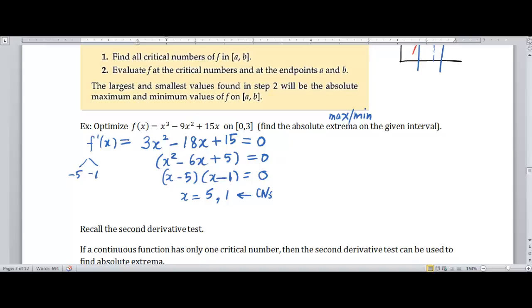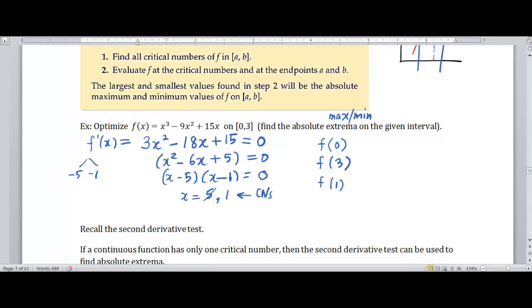So we did step 1, find all critical numbers. Now it says evaluate f at the critical numbers and at the endpoints. So I need to evaluate the endpoints, f of 0, f of 3, and then the critical numbers are 1, and look at 5. 5 is not inside this interval, is it? So we are going to ignore this.